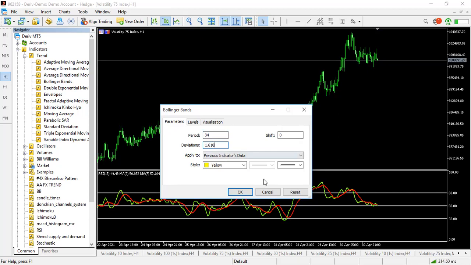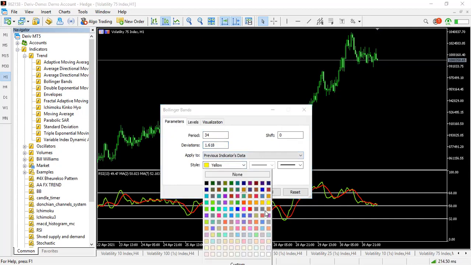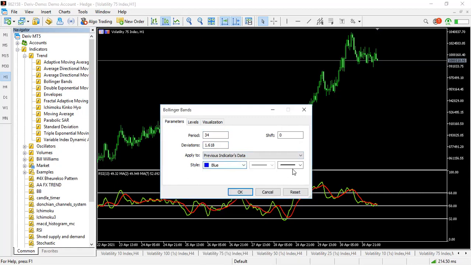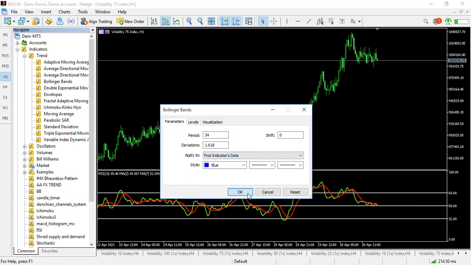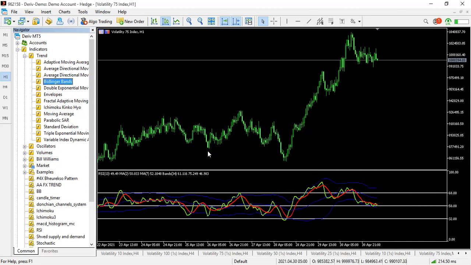You can add 2 or whichever, but 1.618 is fine. Then you make that color blue. Let's make it thin. Then, but here you'll be applying it to the first indicator data. Then you click OK. Can you see?